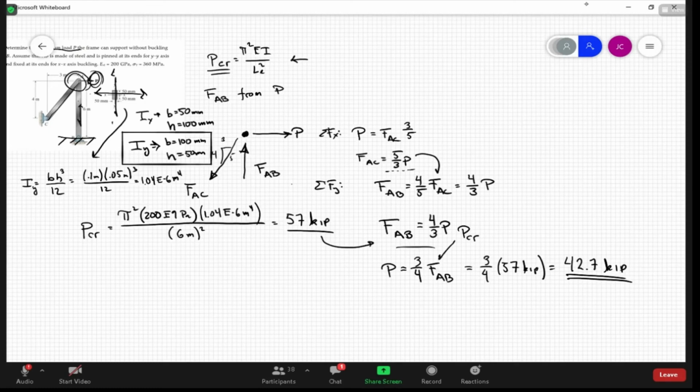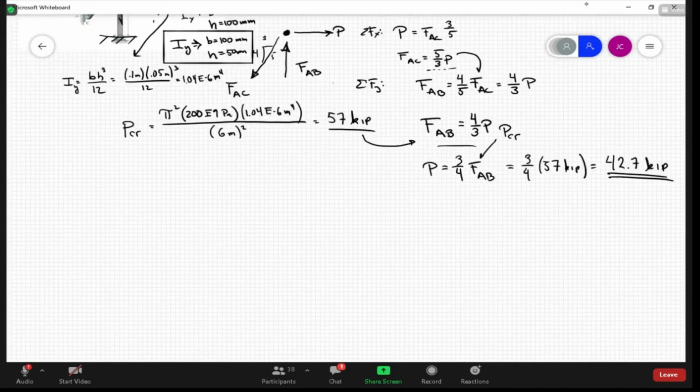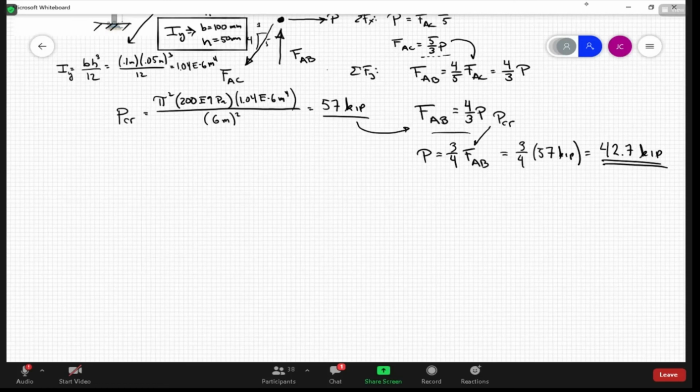Before we go, I should mention that we will not cover it explicitly, but let me just mention it again. It's in section 13.7 of your text.